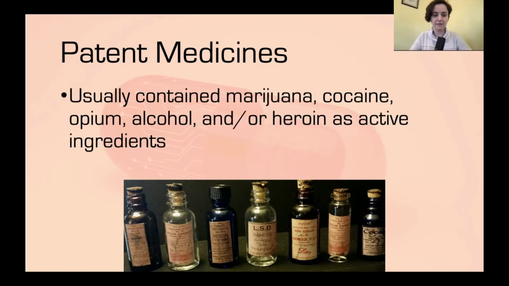So many of these patent medicines contained active ingredients that had severe side effects and or the potential for addiction. Many of them contained alcohol, cocaine, cannabis, or other marijuana derivatives, and eventually many of them came to contain heroin.